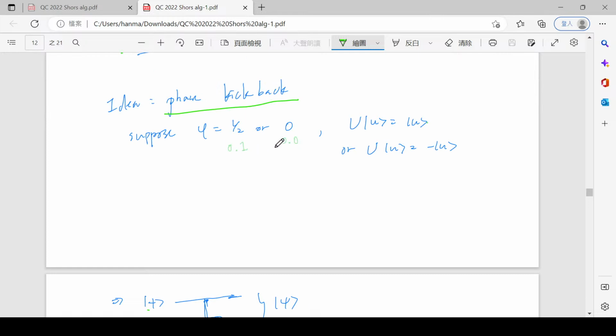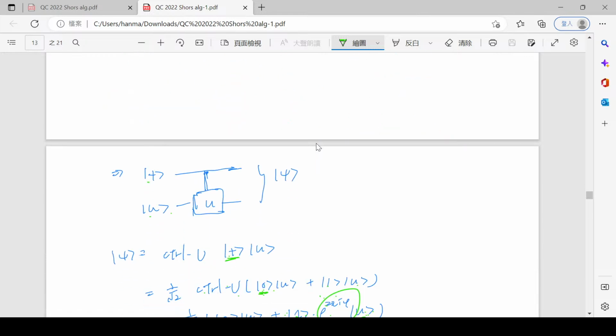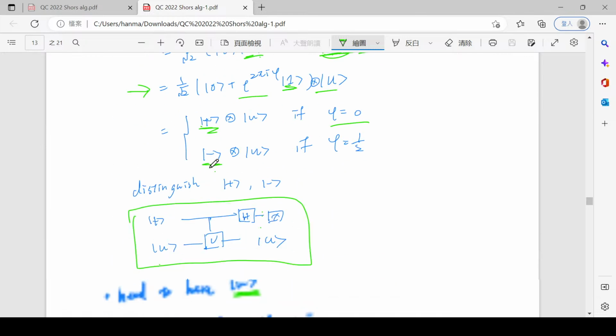So in this very simple example, where this phi is, say, 1 digit, or in binary 1 bit, if this phi is a 1-bit fraction, either 0.1 or 0.0, then we can have this very easy phase kickback circuit.